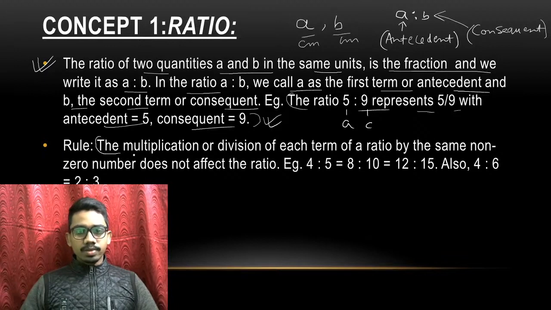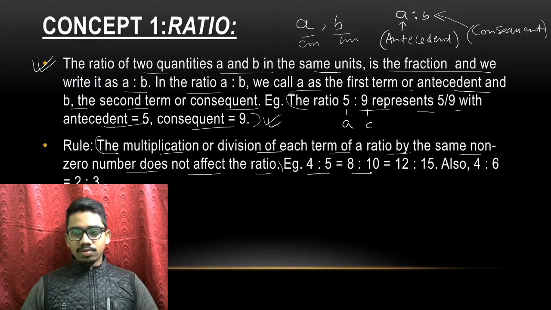Rule number 2. The multiplication or division of each term of a ratio by the same non-zero number does not affect the ratio. Example, 4:5 equals 8:10. What is going on over here, guys? So 4:5 is multiplied by 2. If we multiply it by 2, 4 into 2, what we will get? We will get 8 and 5 into 2, we will get 10.